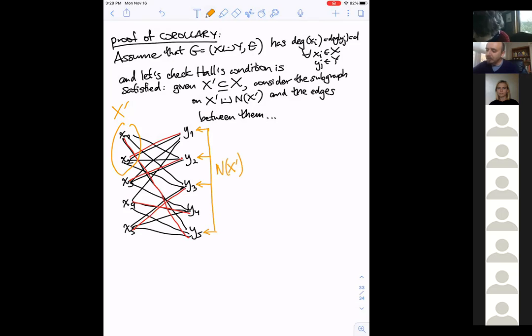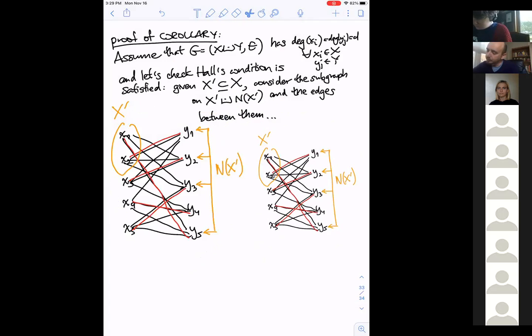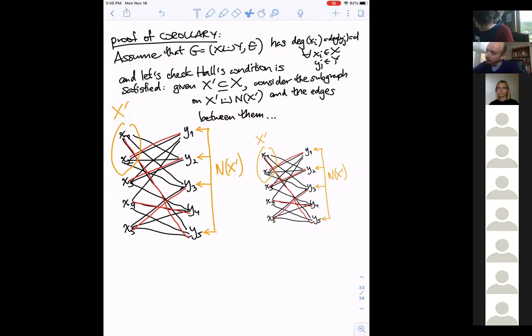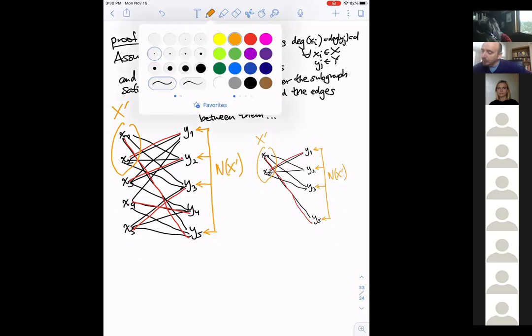Okay. So now let me redraw it with just those things there and nobody else. This subgraph that I'm talking about. So I'm going to get rid of all of the things that don't have edges coming out of X prime. Okay, so this is the subgraph I want to consider.